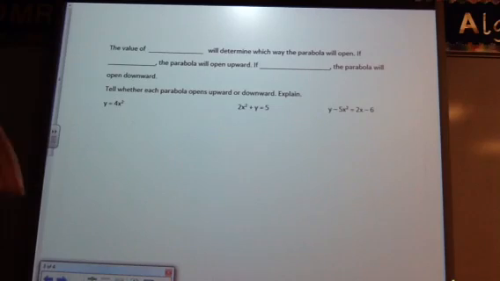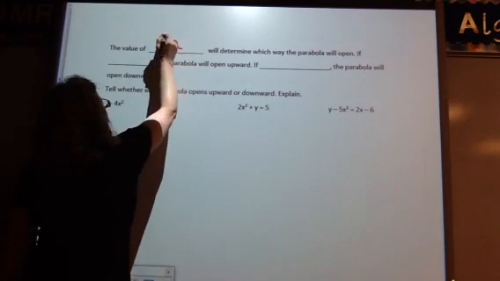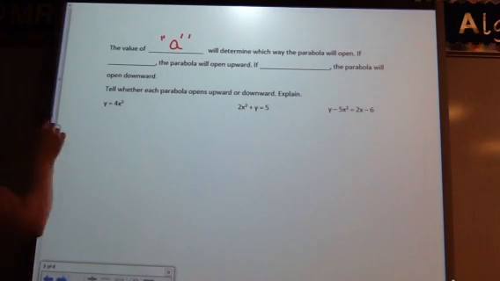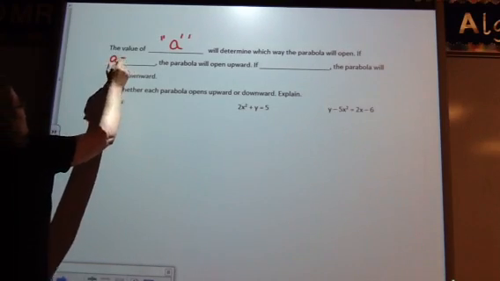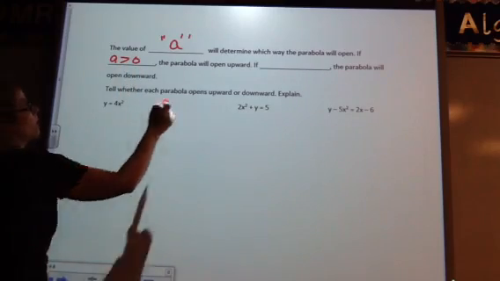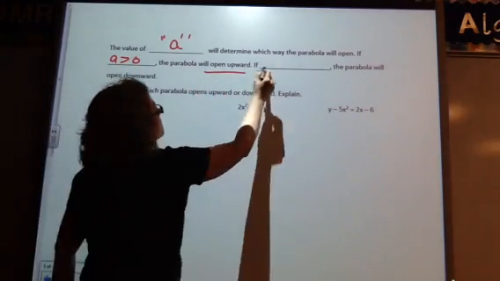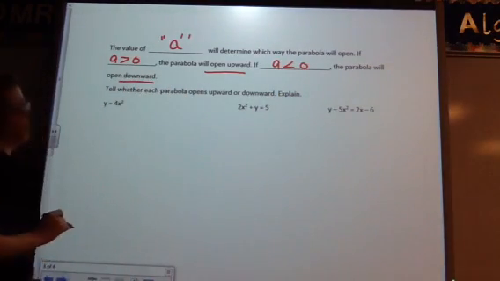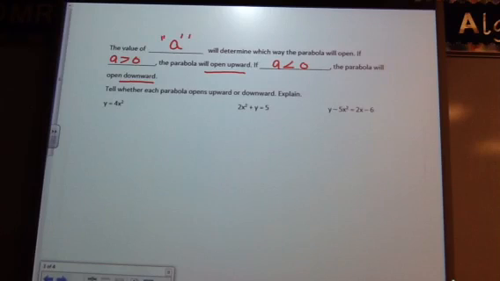All right, so the value of a will determine which way the parabola will open. If a is greater than 0, it will open upward. If a is less than 0, it will open downward. So what we're going to do now is we're just going to explain if the parabola is going to open upward or downward.